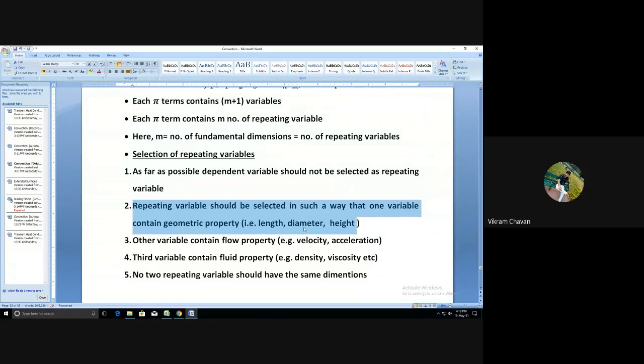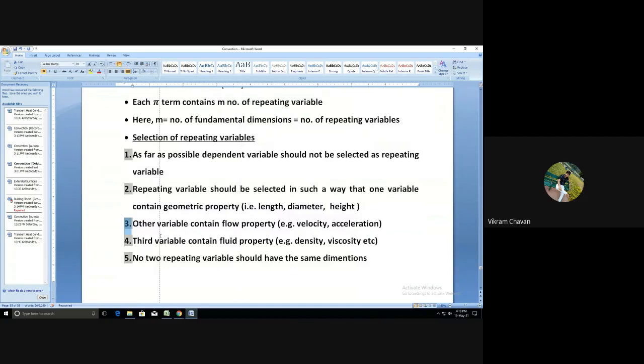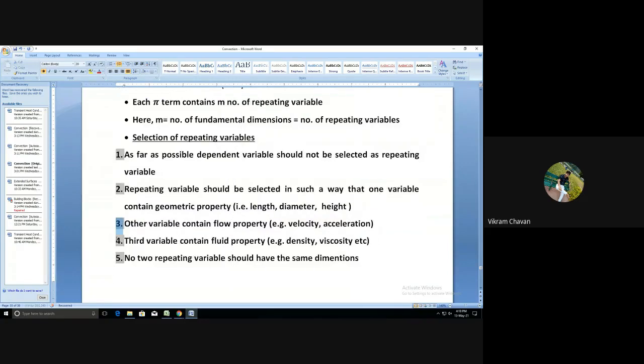Third, the other variable, that is the second variable, contains a flow property. Example, velocity, acceleration. These are the flow properties.